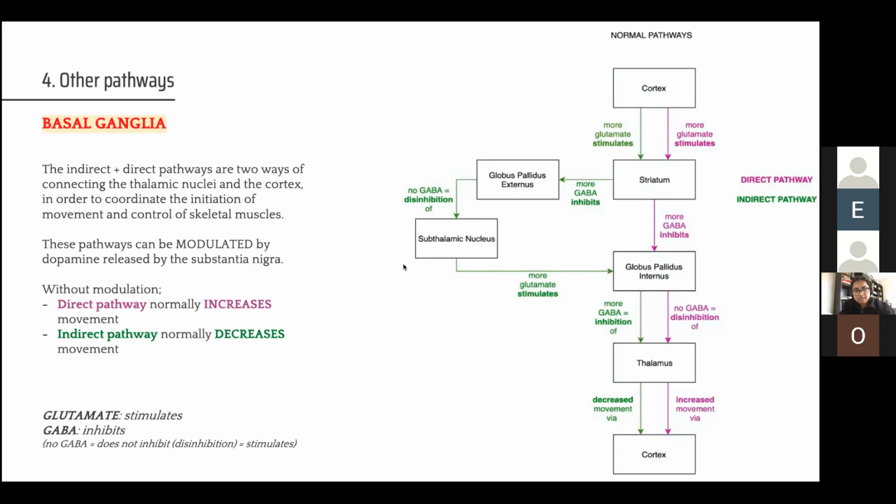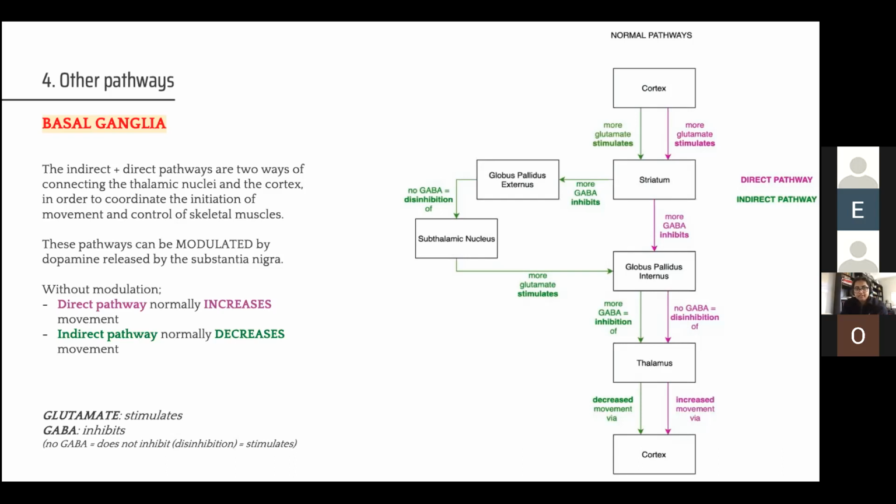So the subthalamic nucleus is disinhibited, so it's going to produce more glutamate, and that's going to stimulate the globus pallidus internus. Then the globus pallidus internus is stimulated, it's going to produce more GABA, so it's going to inhibit the thalamus, and because the thalamus is inhibited, it's going to produce decreased movement. And so that's how you get decreased movement with the indirect pathway, but increased movement with the direct pathway.